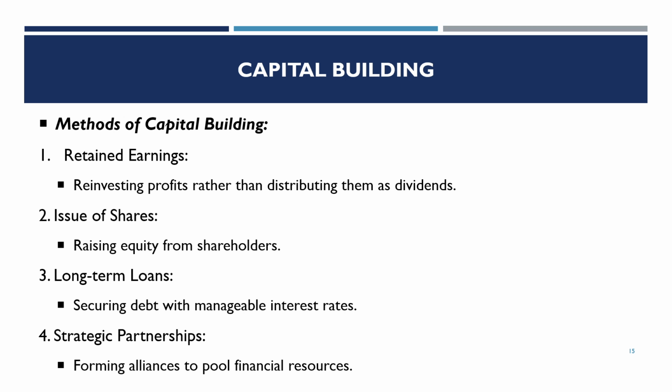That is nothing but retained earnings. So you can reinvest into the business for the expansion or the operations. So that is one of the methods of the capital building.